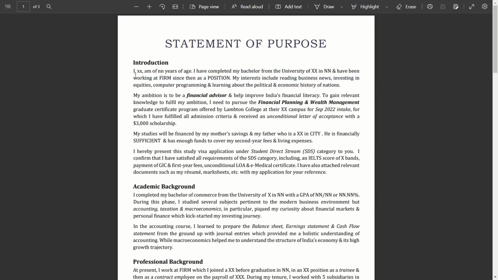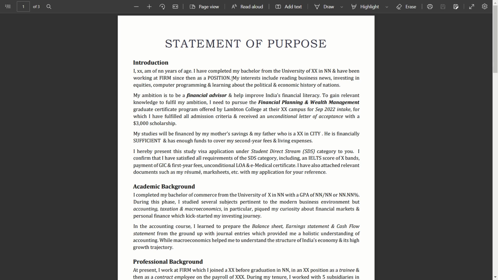The first paragraph is basically my basic introduction, like I am so and so years of age, I have completed my bachelor's from this university, I have been working at this company in this position, and these are my hobbies. Basic introduction. This establishes me as a typical candidate.